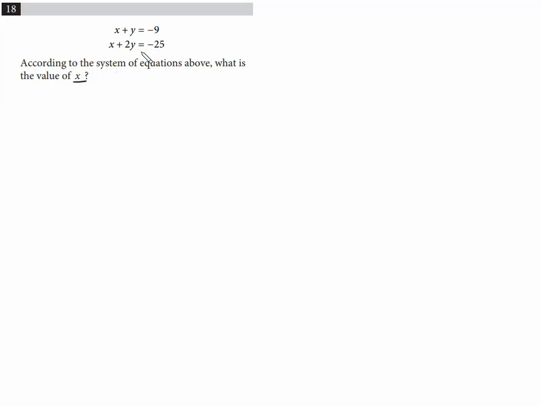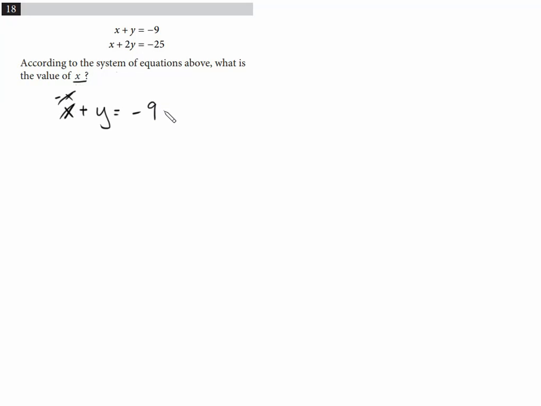With two variables and two equations, we want to try to set the equations equal to each other and eliminate one variable. In this case, since we're asked to solve for the value of x, let's set both equations where we get the y on its own. So x plus y equals -9.